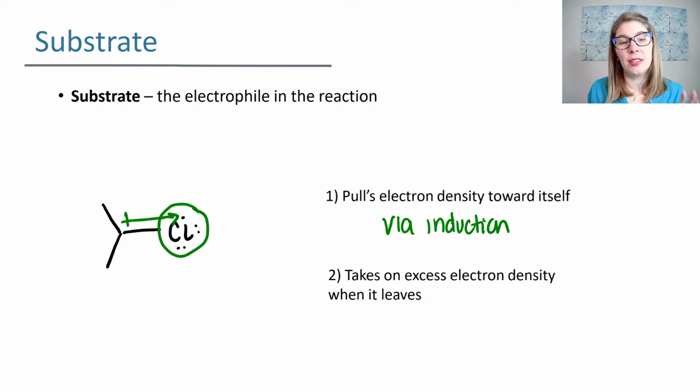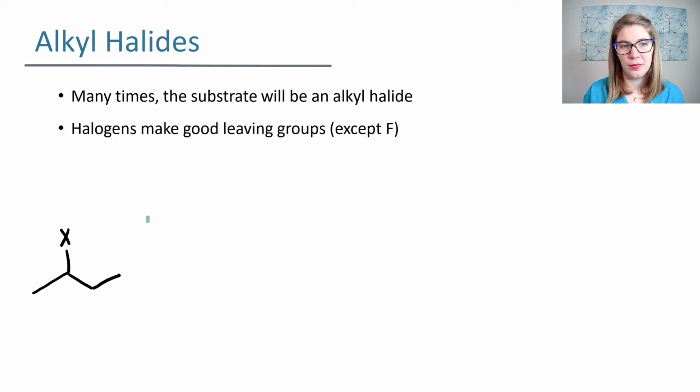So that makes the substrate the electrophile because now you have a partial positive and this is your electrophilic carbon. When the chlorine, which in this case is the leaving group, leaves, it takes on extra electron density. So it takes the electrons in this bond that I just highlighted in blue with it and allows for a new bond to form at the site that I've highlighted in yellow. So the substrate really has two important jobs.